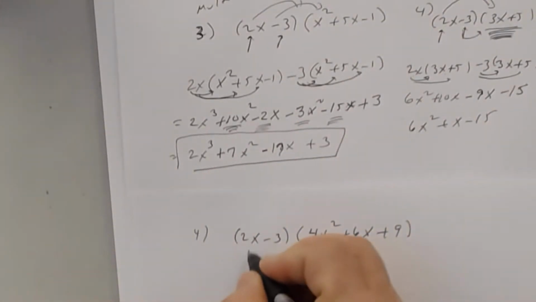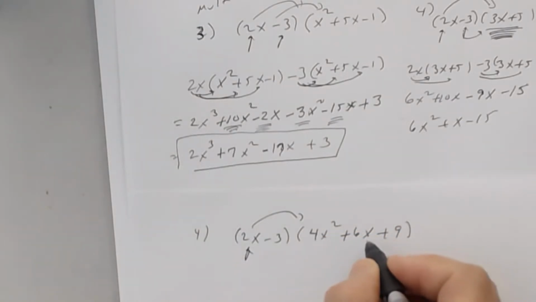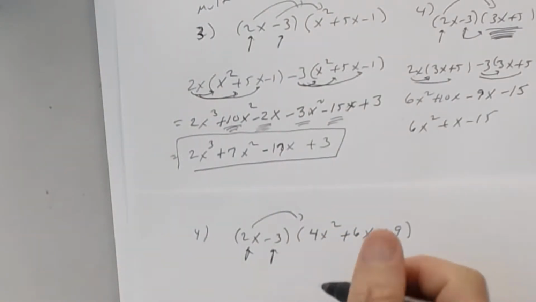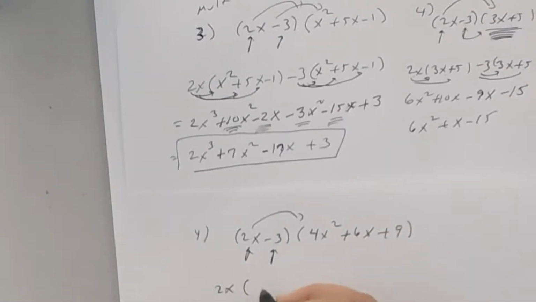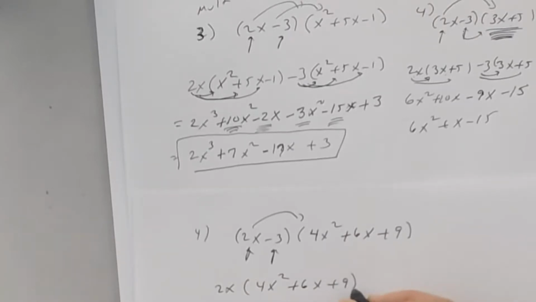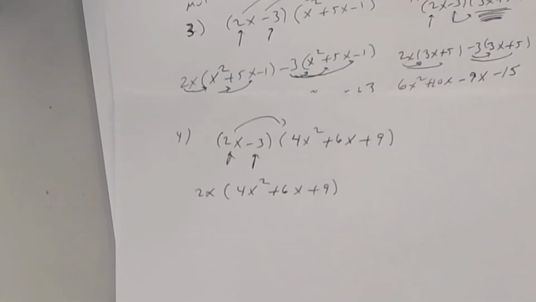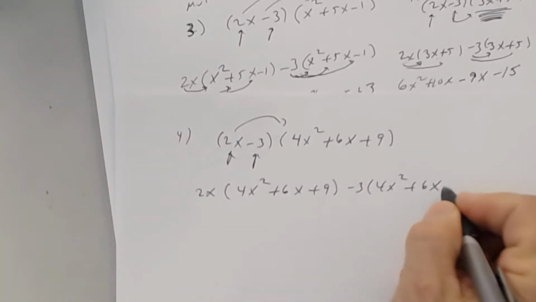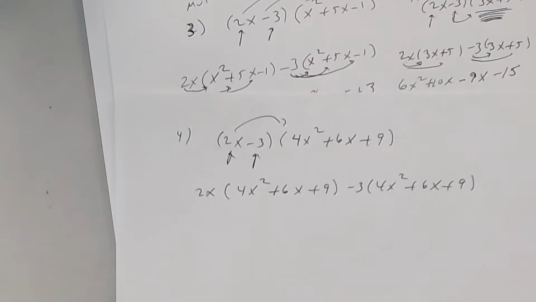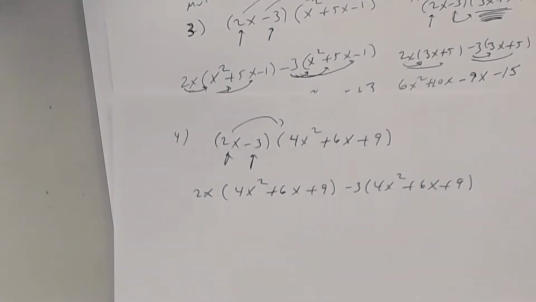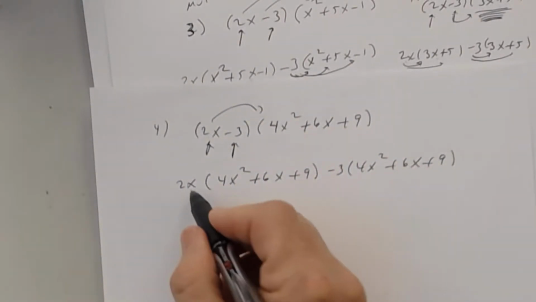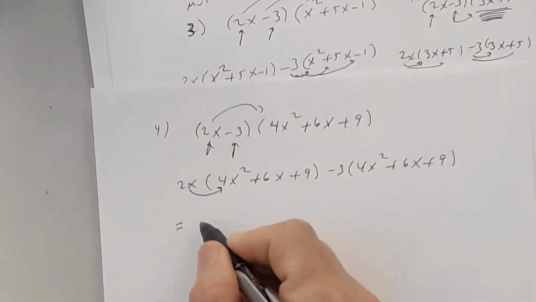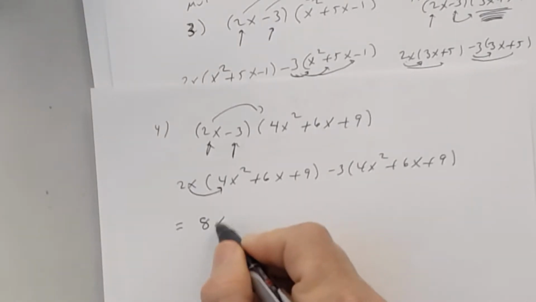So I'm going to say 2x times this trinomial minus 3 times that trinomial, right? Okay, so 2x times 4x squared plus 6x plus 9 minus 3 times 4x squared plus 6x plus 9. Okay? Using distributive property, what's 2x times 4x squared? 8x cubed.